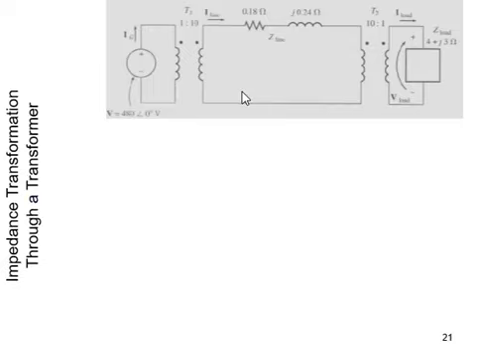So this is the figure where you can see that Z of L or Z of load on the rightmost side is equal to 4 plus J3 ohm. If you can see in this figure, there are two transformers.